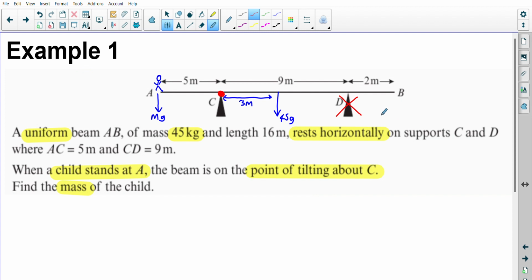Okay, so you're not going to have a reaction at D. So there's going to be no reaction force, or the normal reaction, no reaction force at D.